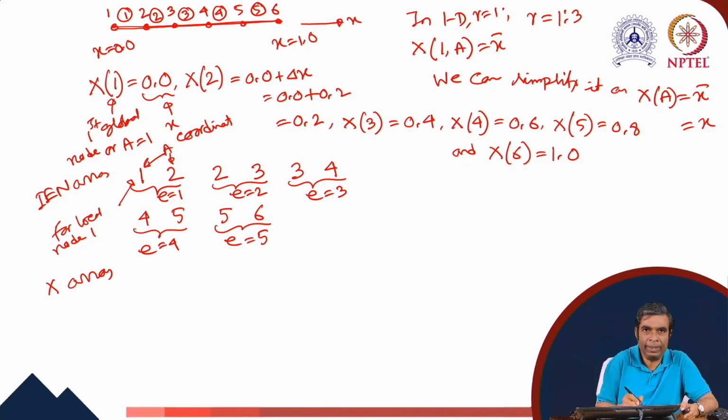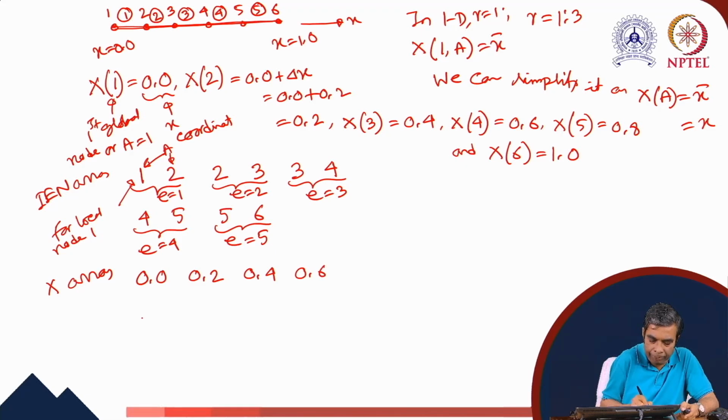Now we present the coordinate array. Here we have 6 coordinates. The first coordinate is 0.0, the second is 0.2, the third is 0.4, the fourth is 0.6, the fifth is 0.8, and the last is 1.0. It means that this is x, the actual coordinate, of global node 1.